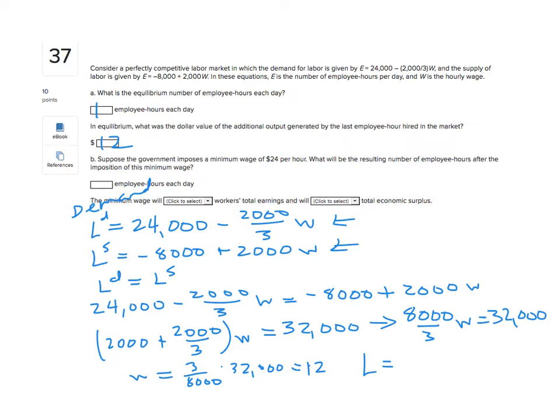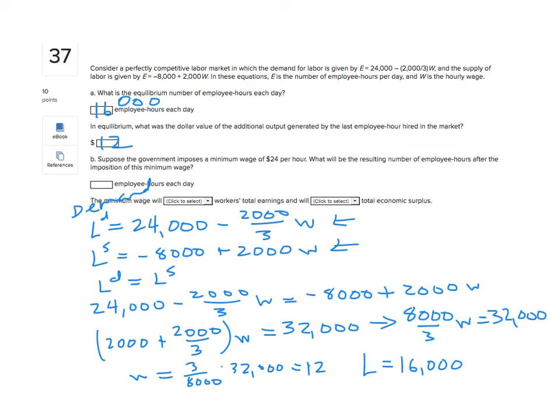Looks like it's slightly easier to plug it into labor supply. 2,000 times 12 would be 24,000 minus 8,000. We'd get 16,000 units of labor, 16,000 employee hours each day.